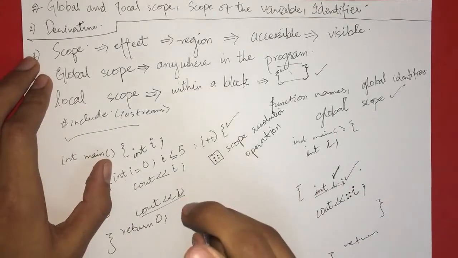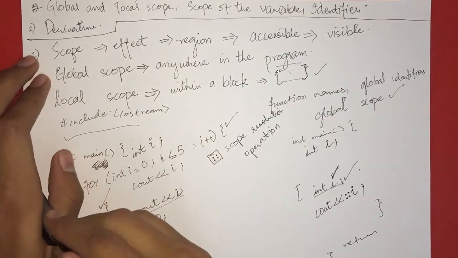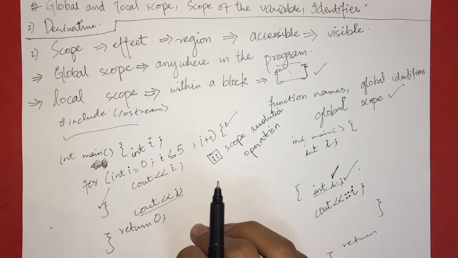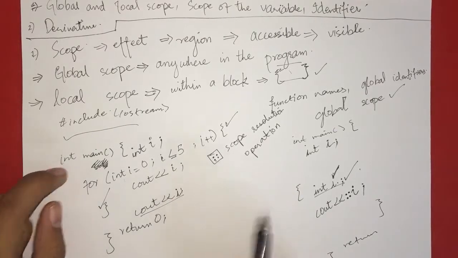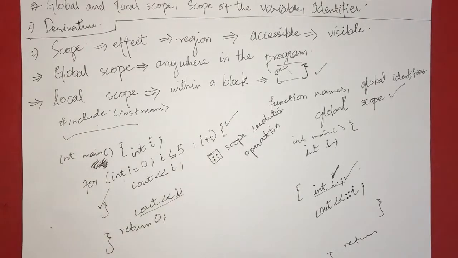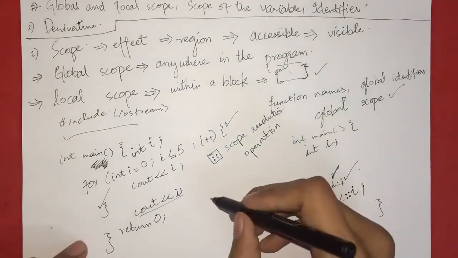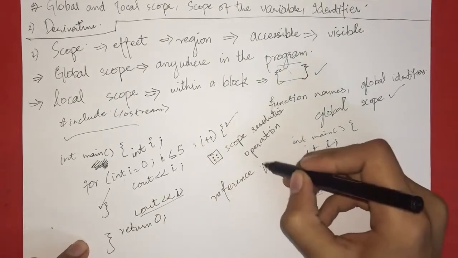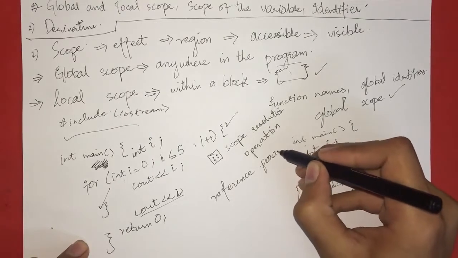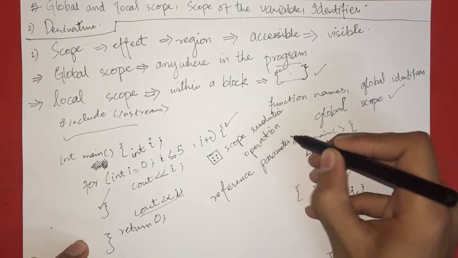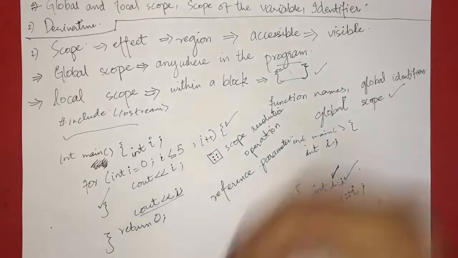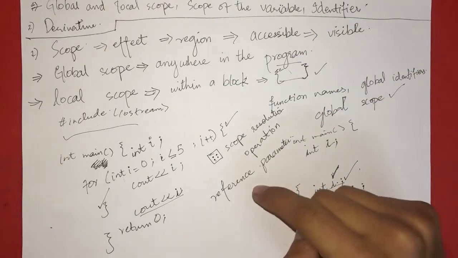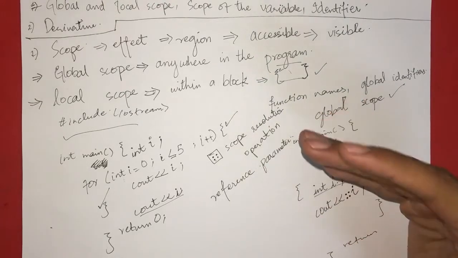Also, it's always said that it is better not to use global identifiers. For example, when you're using functions and you use a reference parameter instead of a value parameter, and you use a global identifier, after executing the function the value of the identifier is changed.